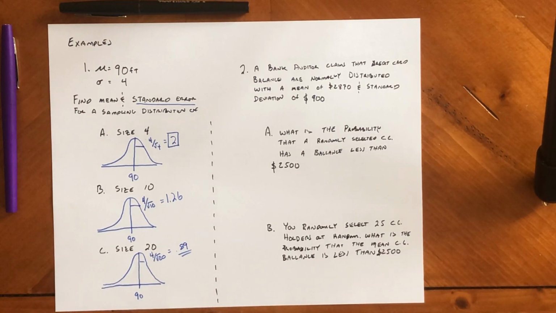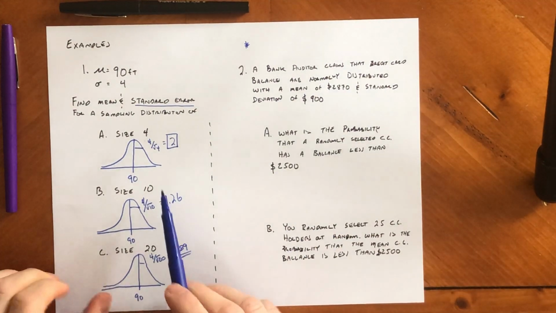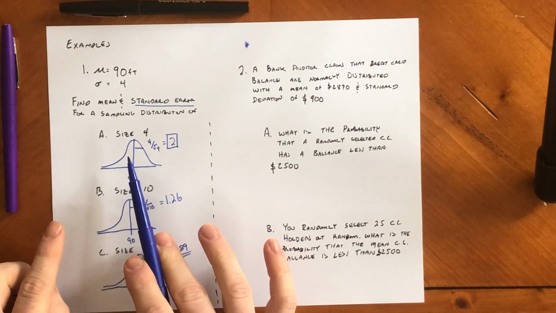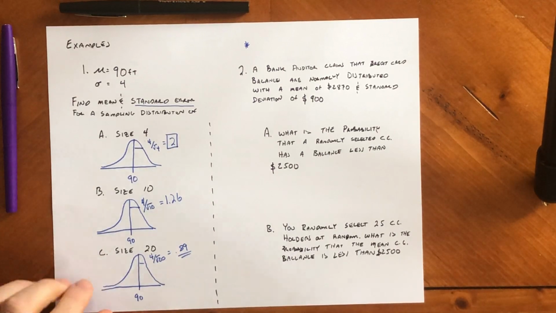Hopefully that makes sense. All right, let's do a quick example. Basically, these are going to be the same as what we've been doing, but you're going to have a new standard deviation. Real quick, as a side note, you can only do this theorem if two things happen.